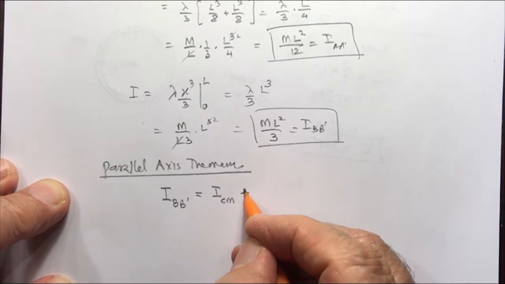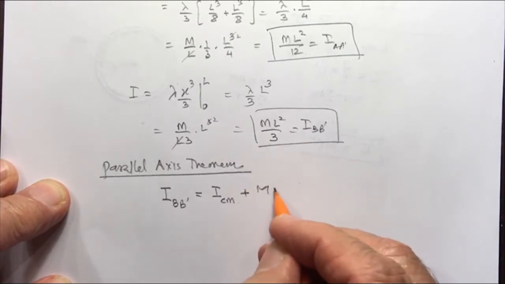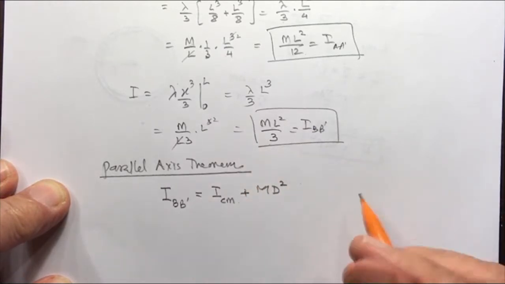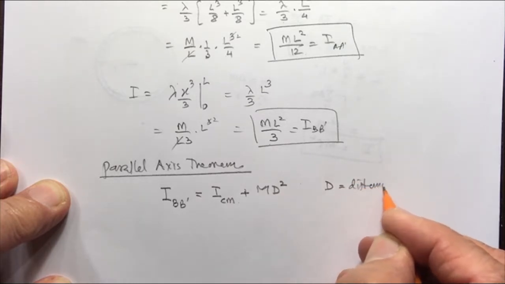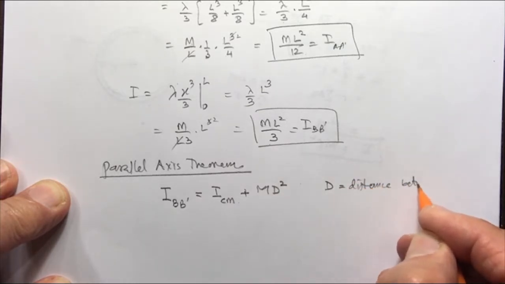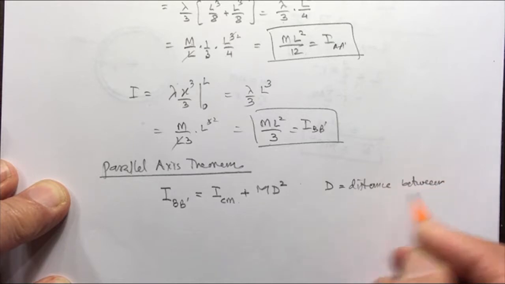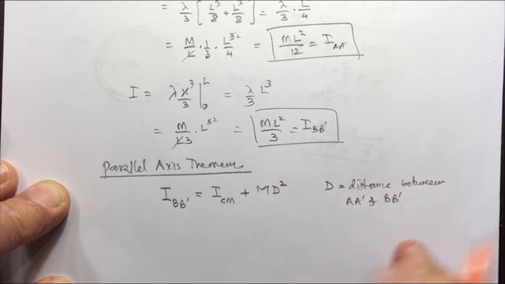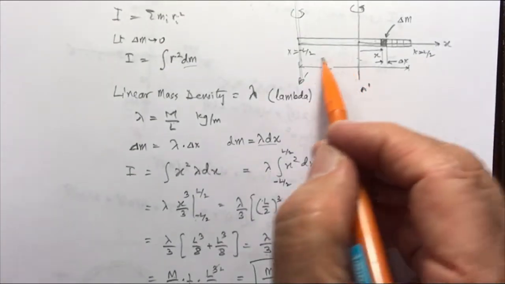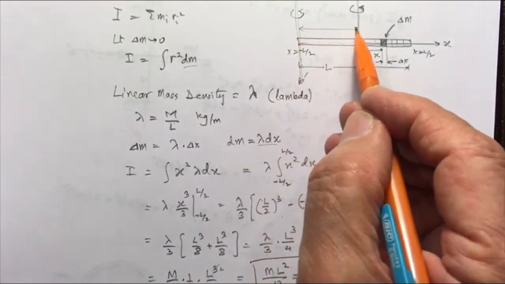plus the mass of the object times d squared, where d is the distance between the two axes. So in this case, d would be from here to here.